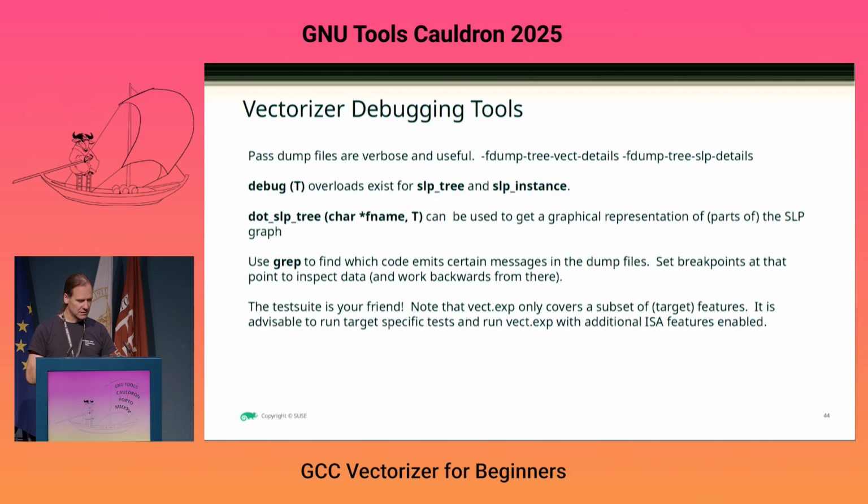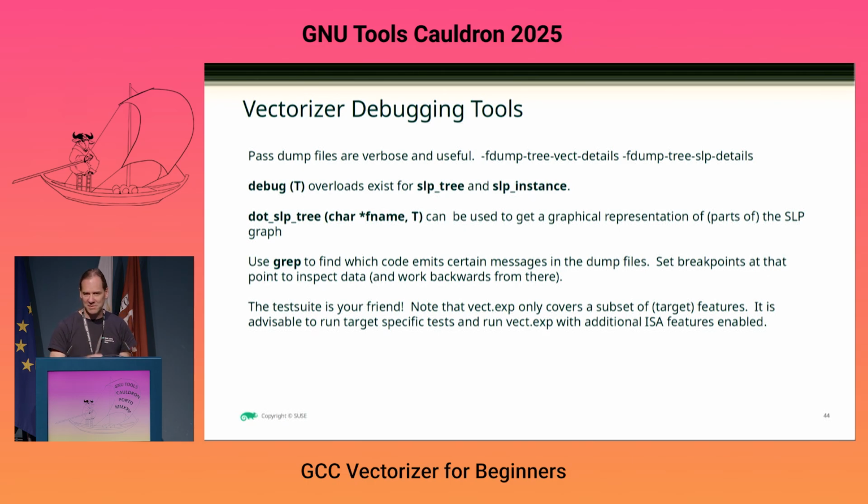Debugging. There are debug overloads for SLP tree and SLP instance. That's unfortunately it. You can call the dump SLP tree function, which puts out some graphviz file, so you can visualize it. I've not used it very much.